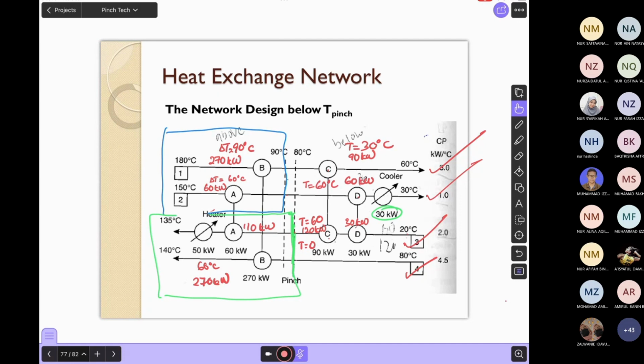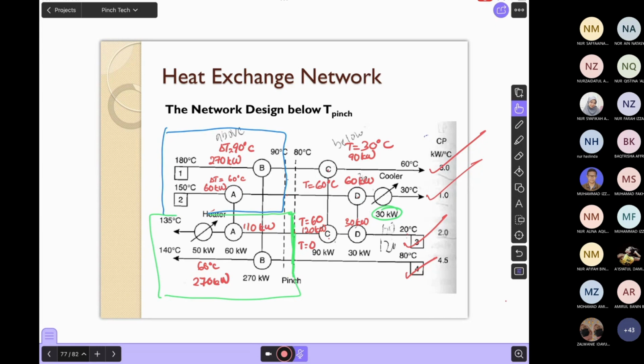Okay, and then your job when you want to use this heat exchange network using pinch technology, or pinch analysis, you have to calculate everything based on this method.